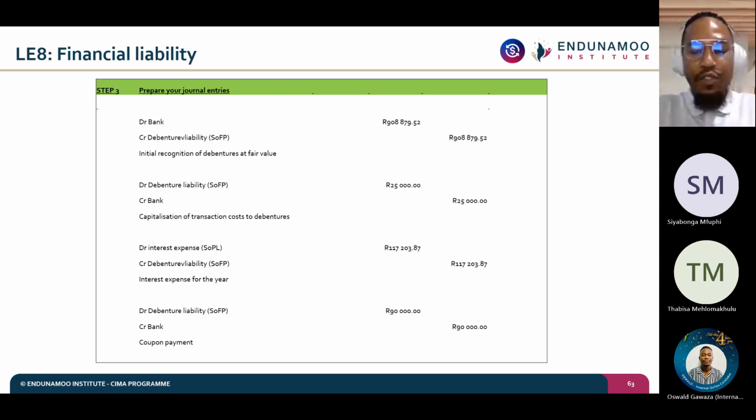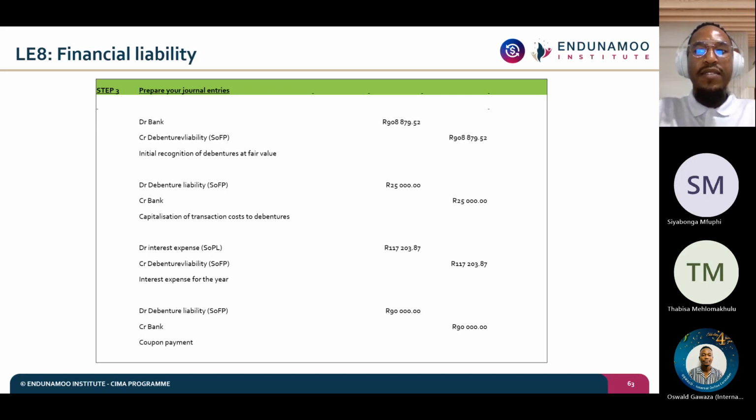The capitalization of your transaction costs creates a scenario where the effective interest rate is different from the market-related interest rate. You therefore need to always recalculate the effective interest rate because you've capitalized the transaction costs.